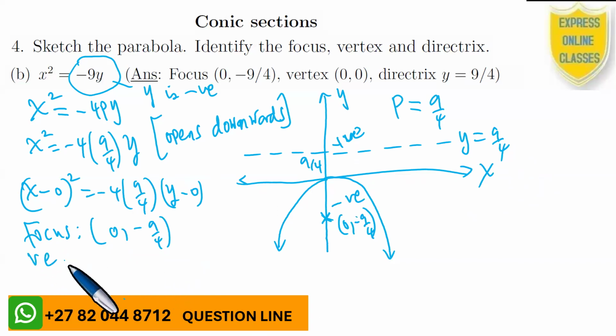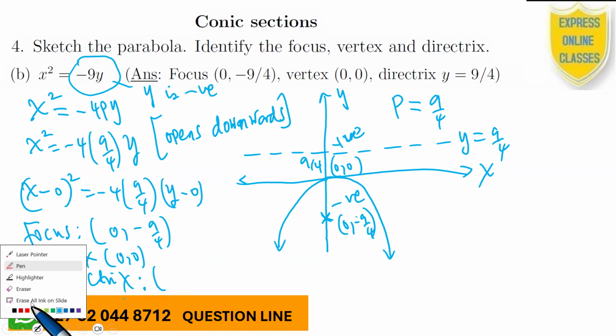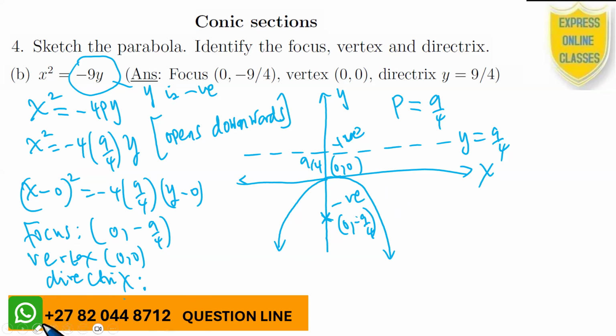And then we have the vertex, 0, 0. And then we have the directrix, which is y equals 9/4.